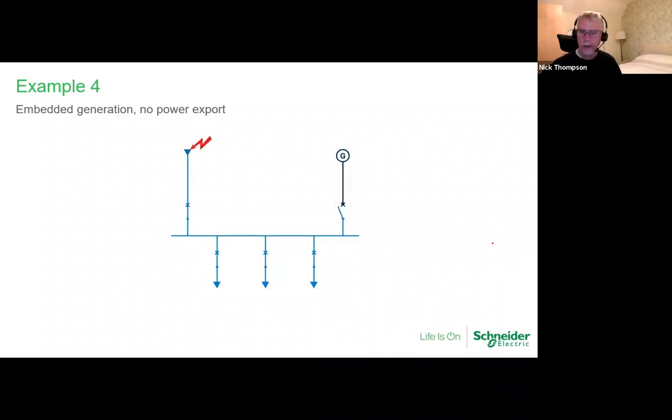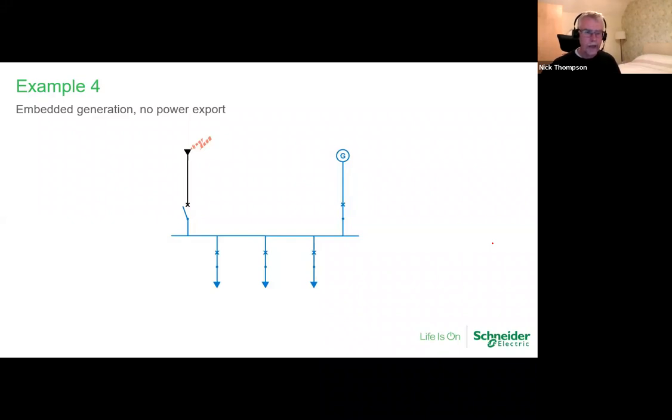So just running through that again, we've detected a fault on the incoming supply. It might be that the DNO supply has dropped off. So then our circuit breaker would trip on undervoltage. It would then send a signal to the generator circuit breaker, right, Fred, you are now ready to close, and then it would close.